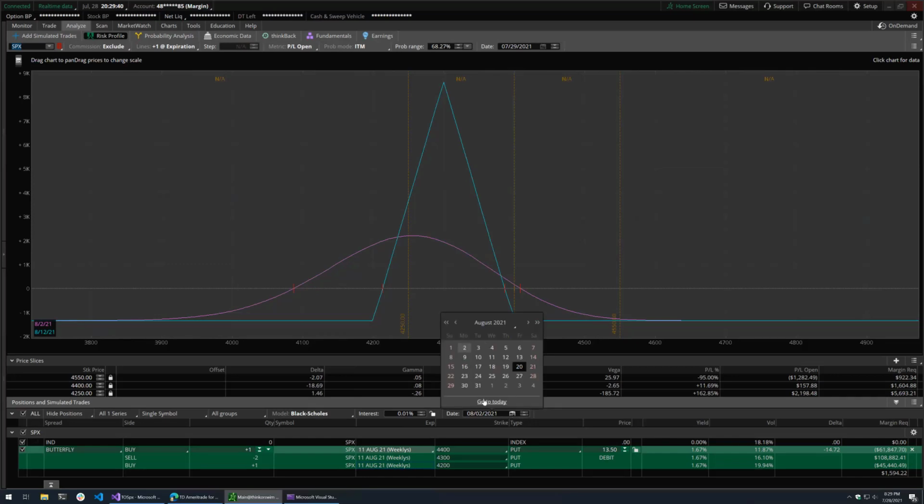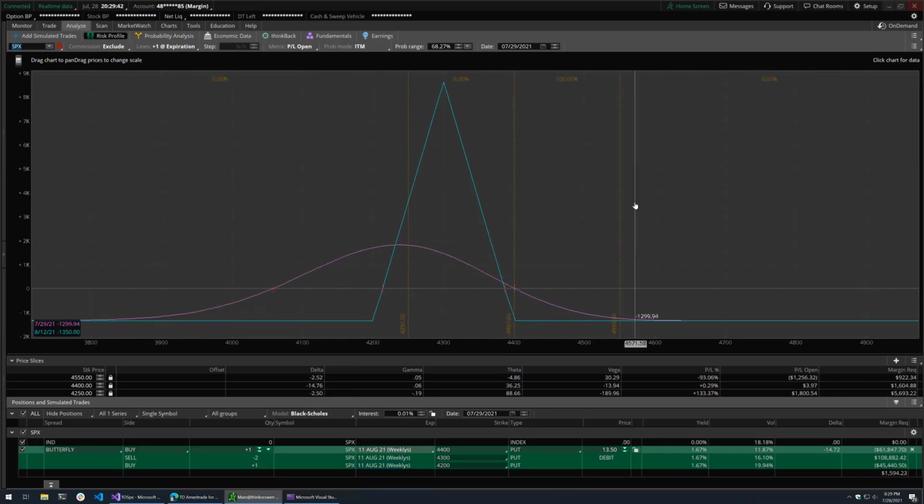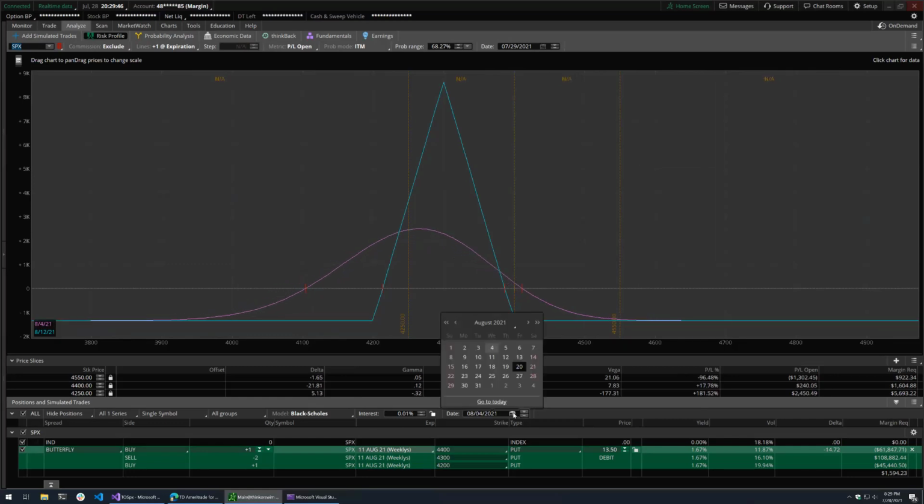So if we were to go to today, it looks like this. And then as we go all the way to a week from now, which would be basically the 4th, it would look like this.